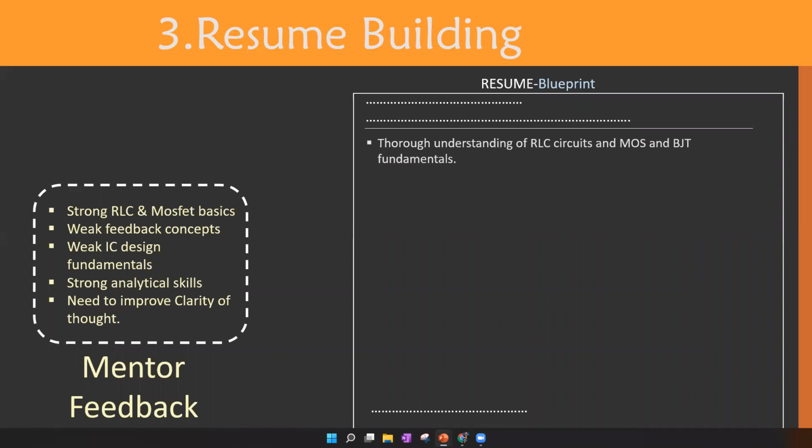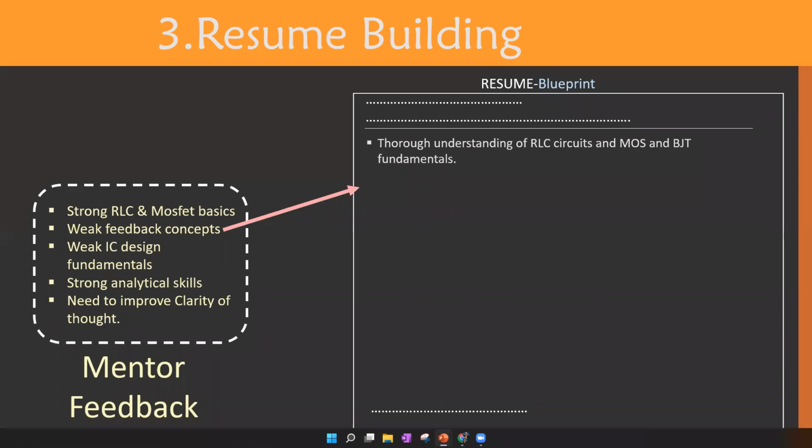Okay, now I want to take this resume further, and you remember we had this mentor feedback, right? In step 2, we got the feedback from mentor. Those are the things that are listed on the left side. And now what we can do here is take those feedback points and convert that into some action. For example, the strong RLC MOSFET basics is right there in the resume on the right side. Now, what are we going to do about this feedback that we are not very strong in the feedback loop concepts, the control systems and stuff like that, right?